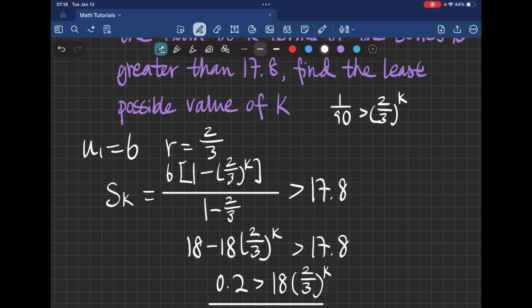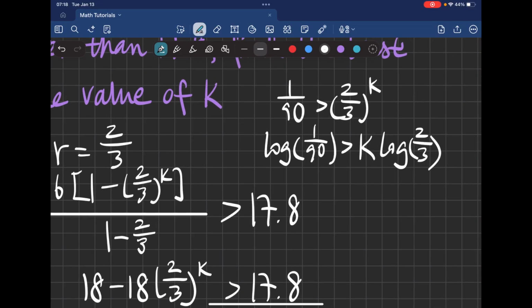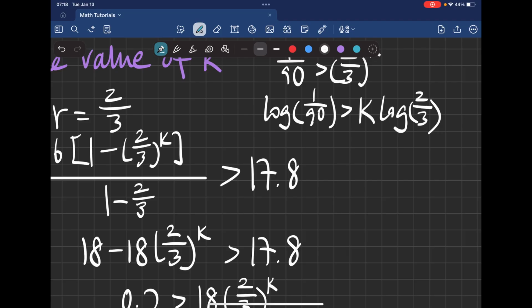So we can take a log on both sides and get k by moving it down, right? According to a trick we learned before. So that is just log 1 over 90 greater than k times log 2 over 3 because we moved k down. And then now we have k alone on the right side, but we need to flip the sign here.